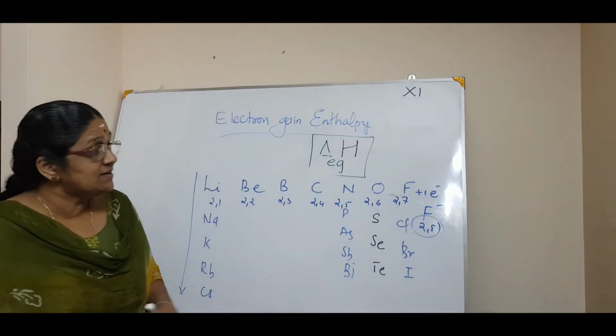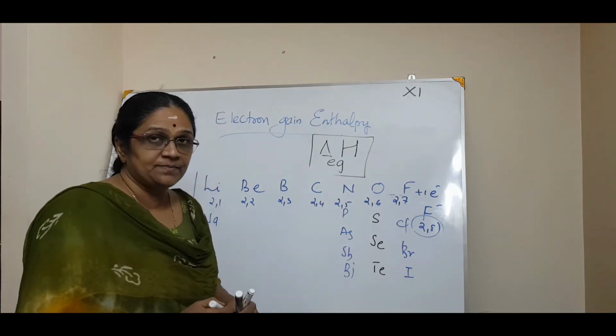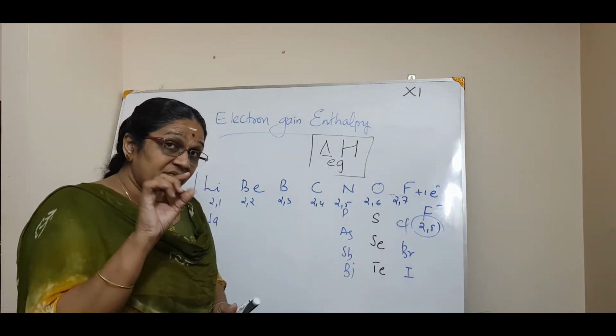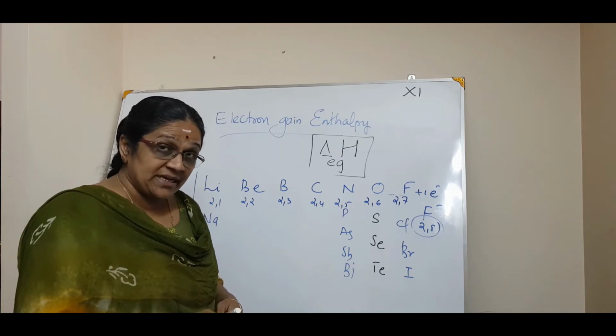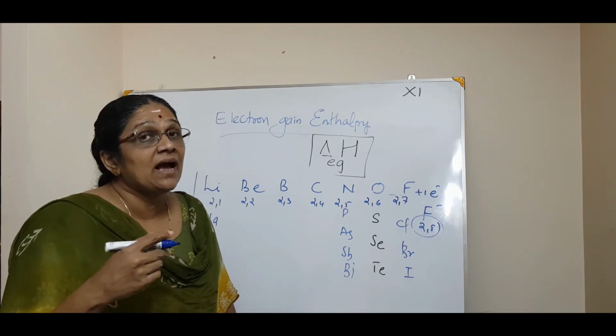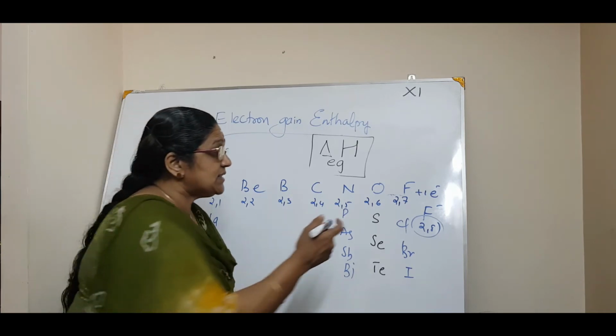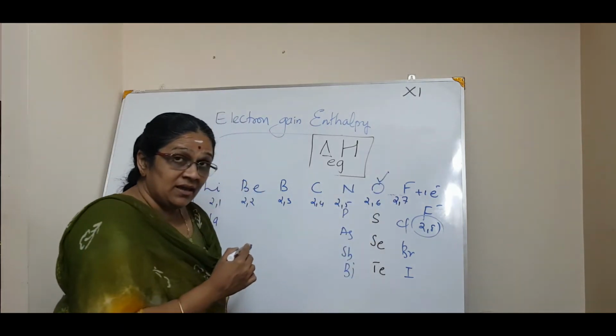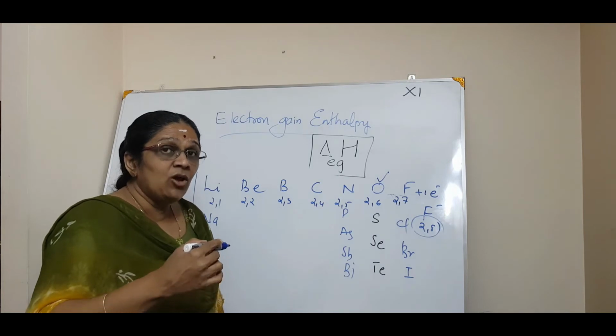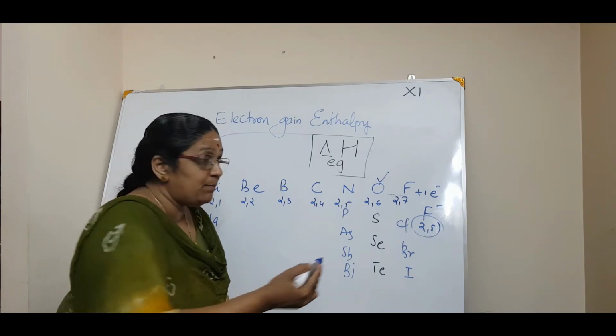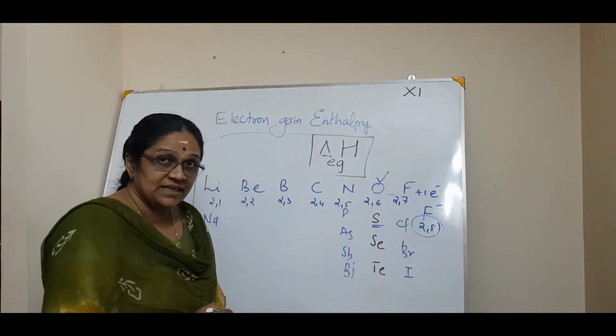So when you consider these two groups, as a general rule or general trend, which will have a high negative electron gain enthalpy? As the general rule goes, definitely oxygen will have a more negative electron gain enthalpy value than sulfur, isn't it?